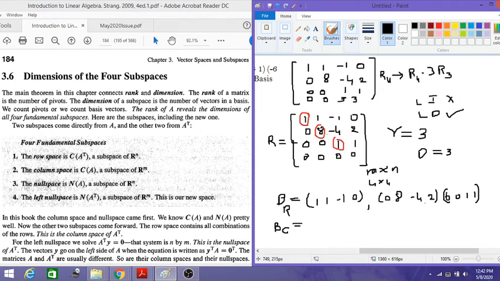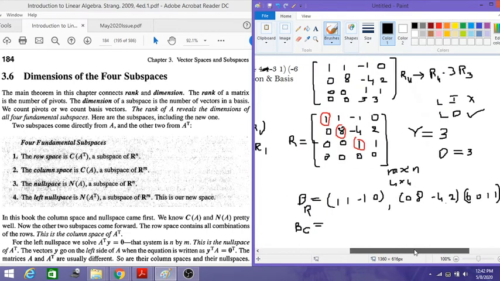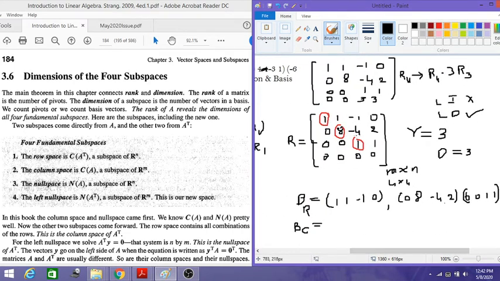If you divide this by 8, I'll get here half, and here 2 by 4. Then I have to remove these values by subtracting the above values.